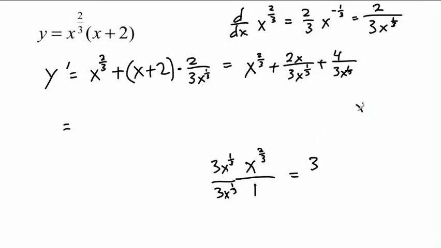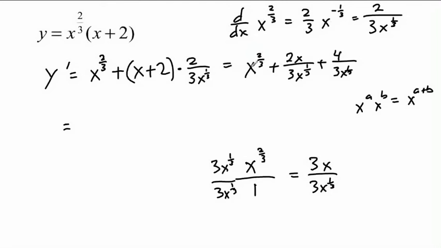And remember, if you're multiplying anything with the same base but different exponents, you actually just add the exponents. So that's what I'm going to do. I'm going to add 1/3 to 2/3, which ends up being 3/3, which is just x, all over 3x to the 1/3.